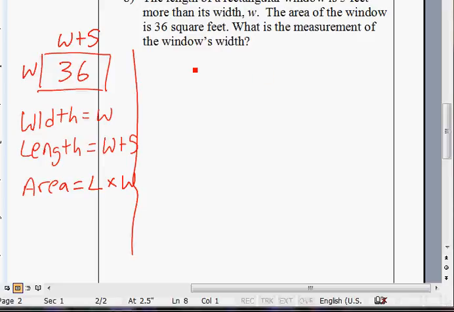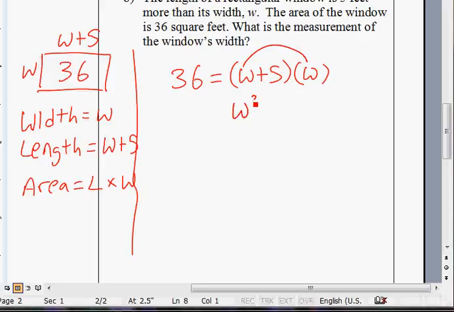Well, 36 is the area. That's equal to length times width. The length is W plus 5. The width is W. So that's our equation. Now let's multiply it out, distribute it properly. W times W, W squared.